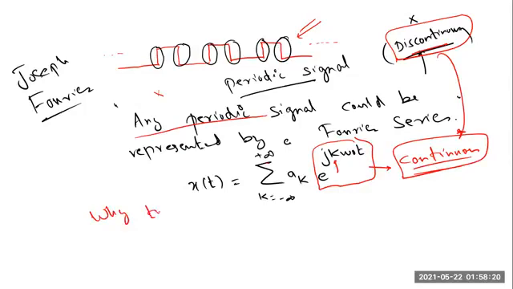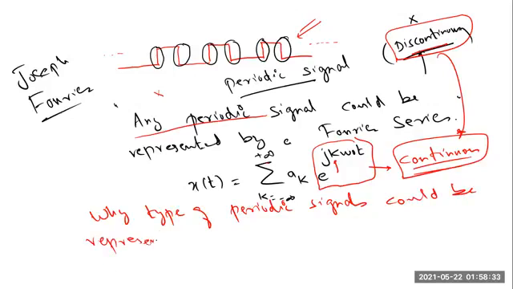What type of periodic signals could be represented by Fourier series? To answer this question, let's do some analysis.